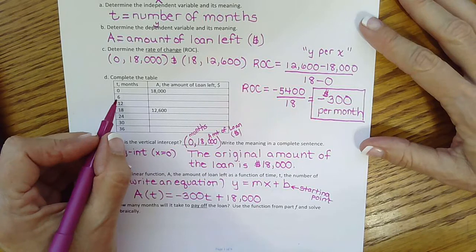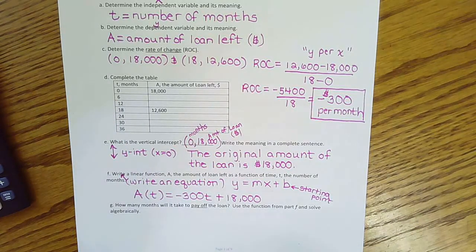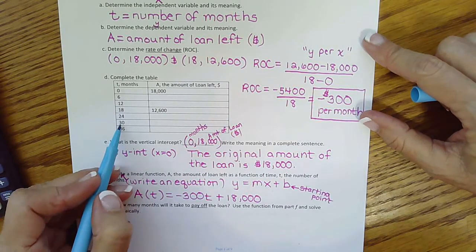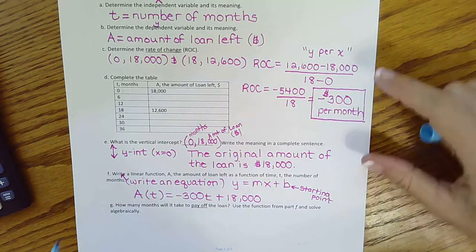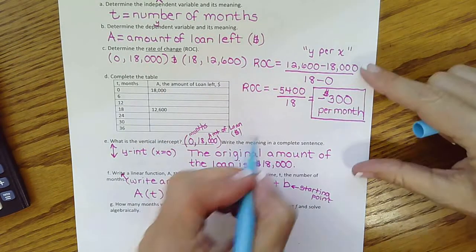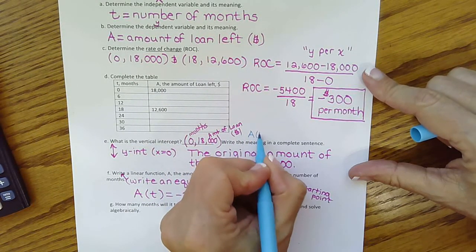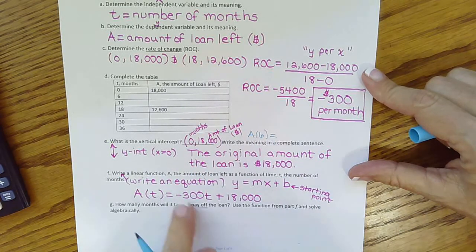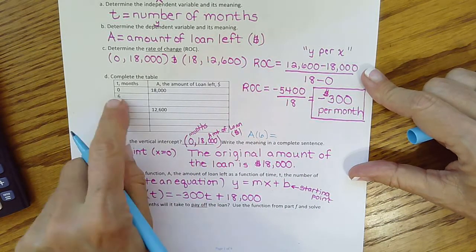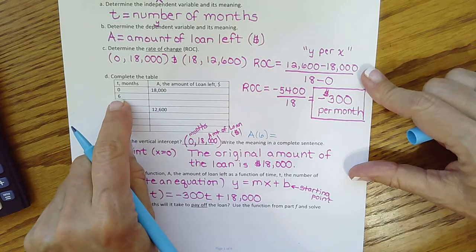So we're going to put 6 in. Let's use a different color. So we have to put 6 in, 12 in, 24 in, 30, and 36. So let's just write one out so we have a pattern. So a of 6 is negative 300 times 6, because this means everywhere you see a t, plug in 6.